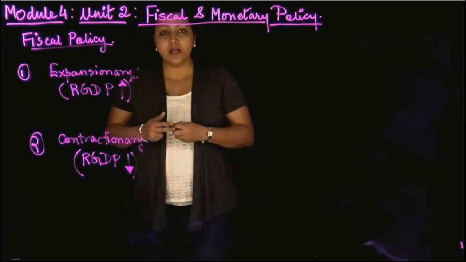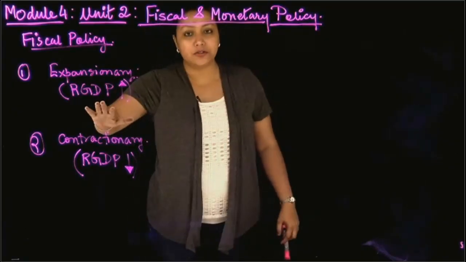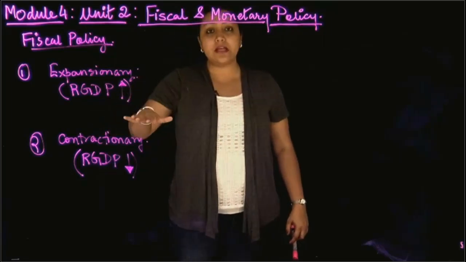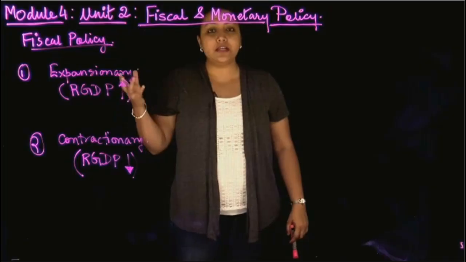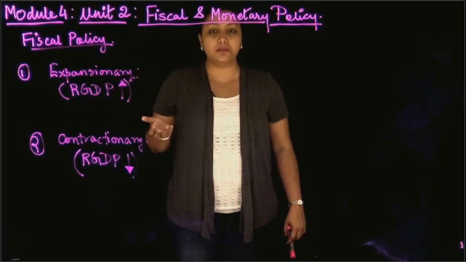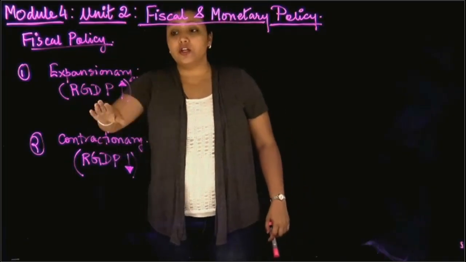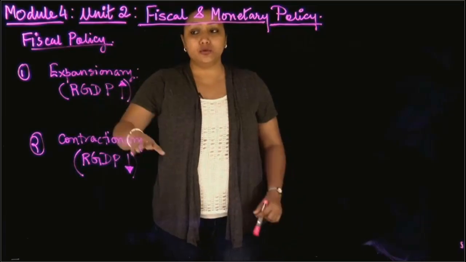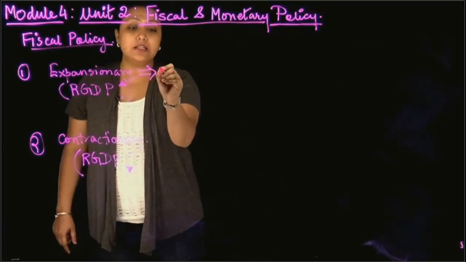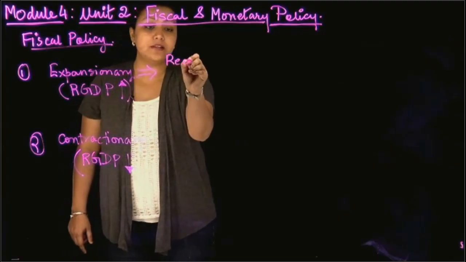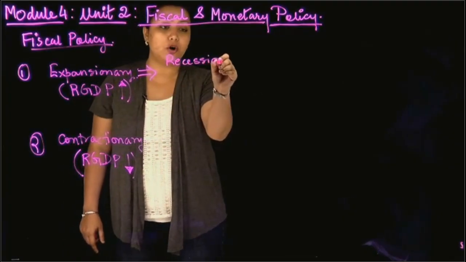So you can understand from your knowledge of the ADAS model that we need to increase the real GDP when there is a recessionary gap in the economy, because a recessionary gap means that your actual real GDP is less than the potential, so your real GDP really needs to go up. That means an expansionary fiscal policy needs to be followed when there is a recessionary gap in the economy.